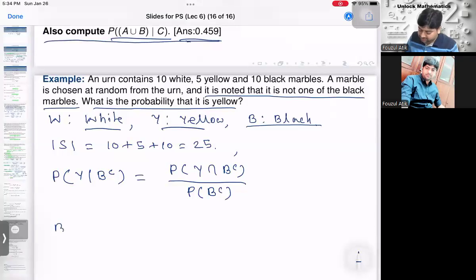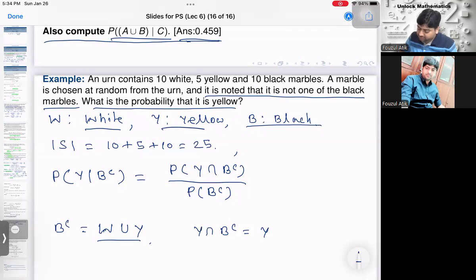B complement is basically white union yellow, right? Now Y intersection B complement is the subset of this set. So this is basically again Y only, because B complement is W union Y. So Y intersection B complement is Y again.